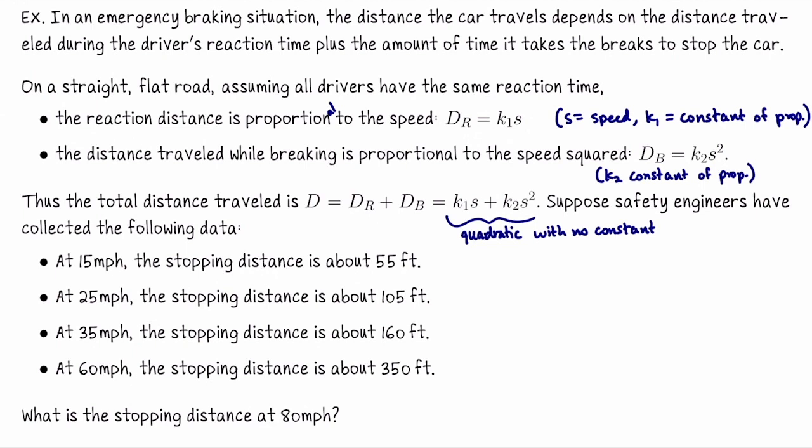Okay, let's identify all of the components here. The speed is the independent variable. So x is going to be 15, 25, 35, and 60. The vector y of dependent measurements is 55, 105, 160, and 350.